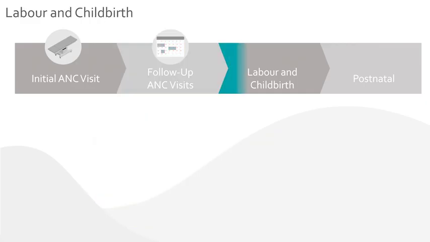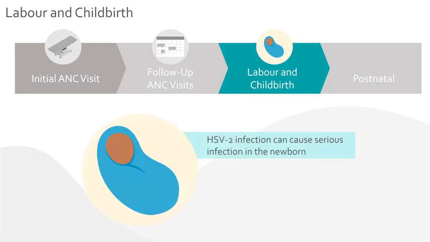At the time of labor and childbirth, there are a few things to think about with respect to STI. A primary HSV-2 infection around the time of childbirth can cause serious infection in the newborn. If genital ulcers are detected in late pregnancy, the mother should be started on treatment.